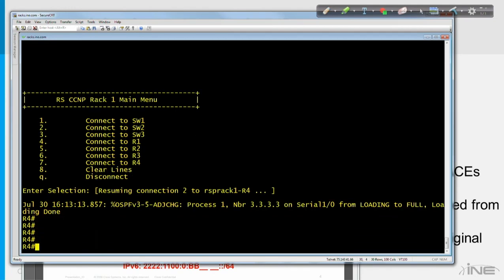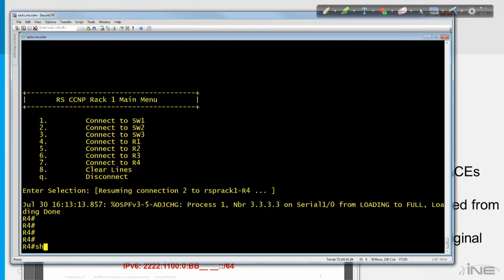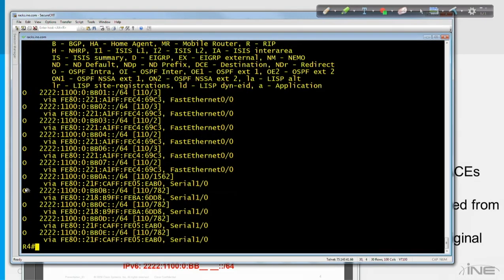And now see if he has an OSPFv3, an IPv6 route to this network. This is the one we were trying to ping that was not working. BB0B. And he does.